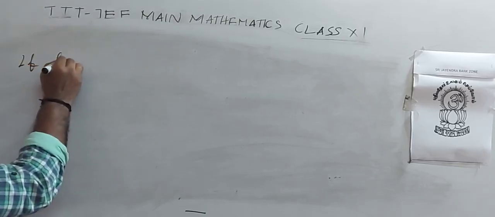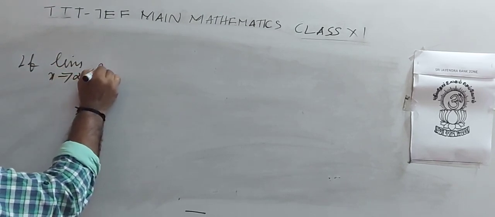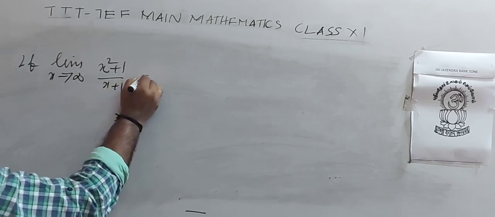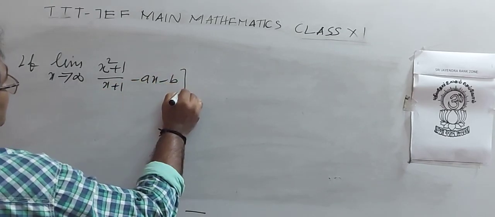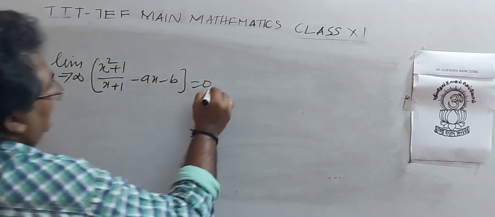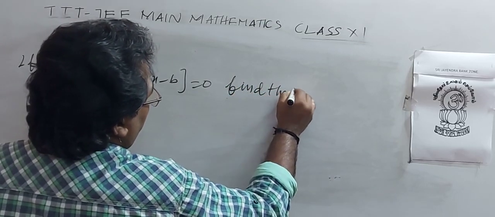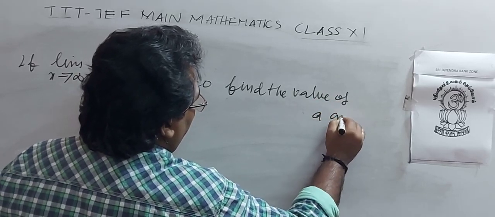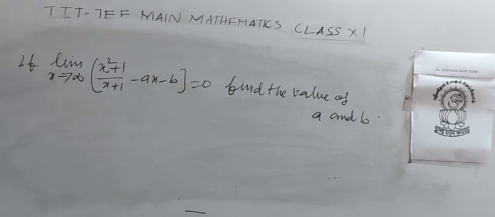If the limit as x tends to infinity of (x² + 1)/(x + 1) − ax − b is equal to 0, find the values of a and b.